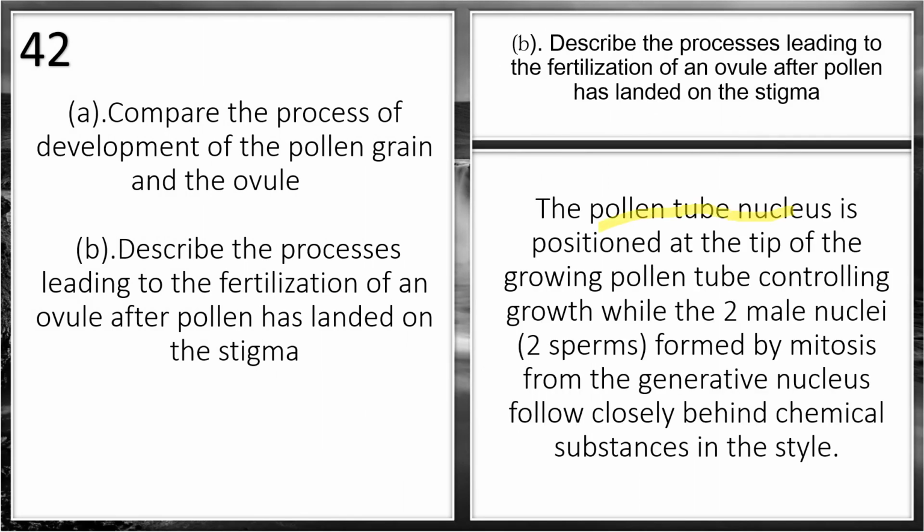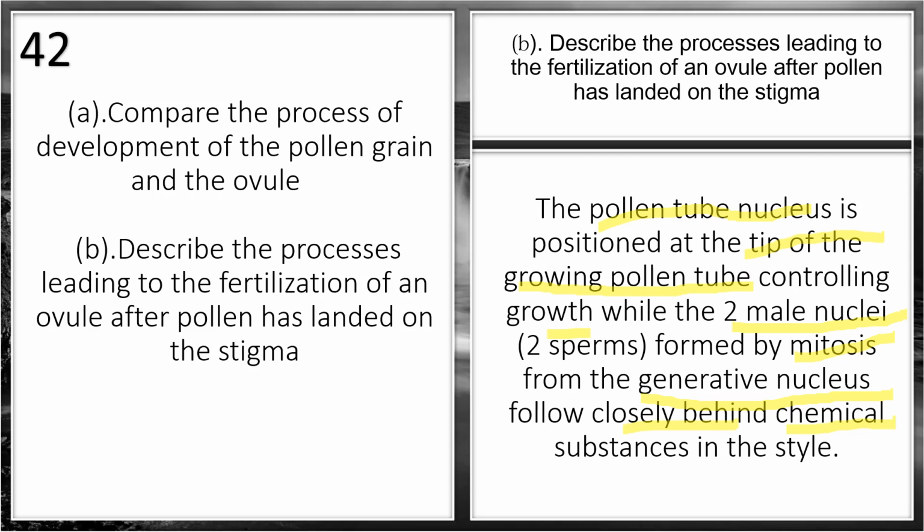The pollen tube nucleus is positioned at the tip of the growing pollen tube, controlling the growth, while the two male nuclei, the two sperm, formed by mitosis from the generative nucleus, follow closely behind.